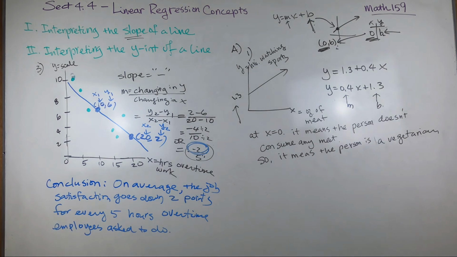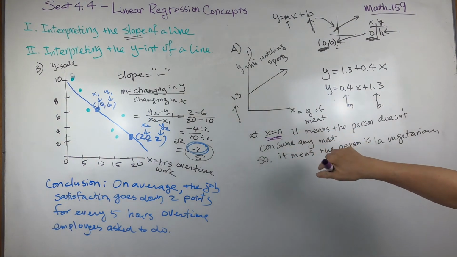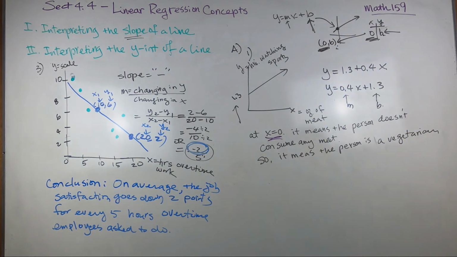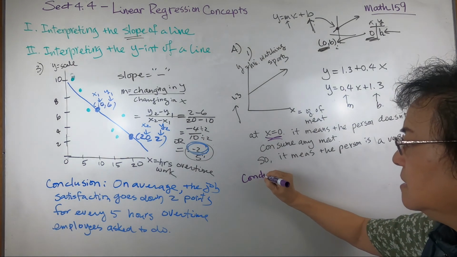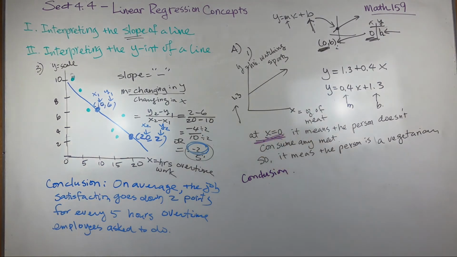So if we talk about vegetarians for the relation between the meat and watching sport, does that make sense? Not really, right? So for this particular case, x equals 0 doesn't have any meaning, right?